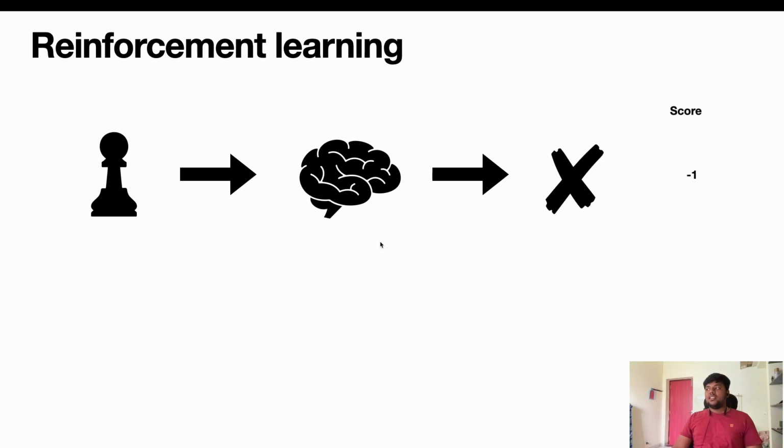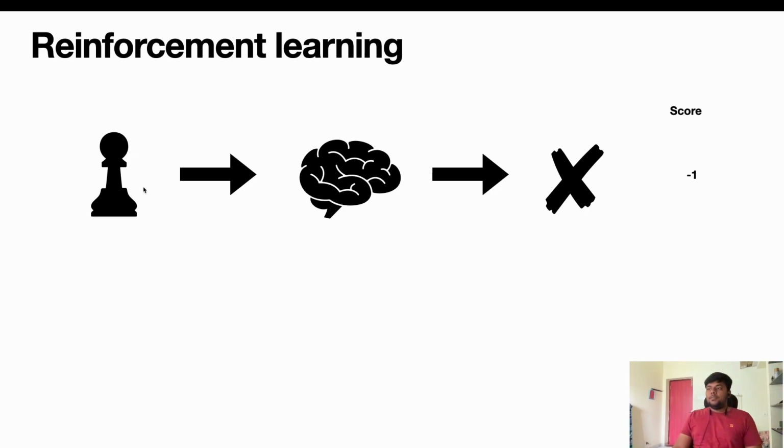Reinforcement learning is nothing but, think like a model playing a game, like chess. If the model wins or loses, based on this, it will give some scores. It will have some reward kind of thing.